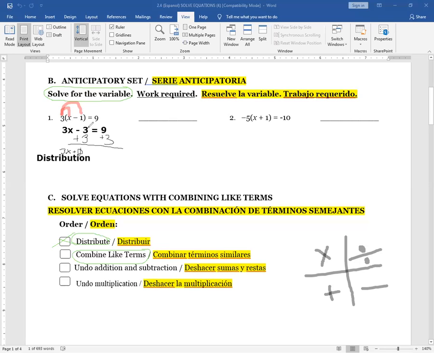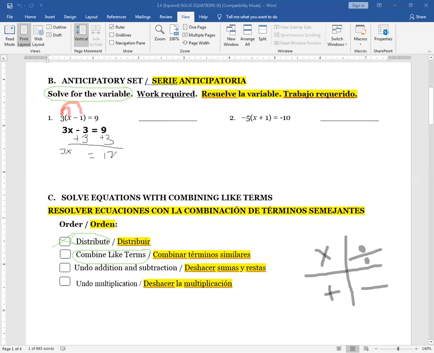It's plus 0 because negative 3 and plus 3 is 0. When you owe money and you pay it back, you don't owe it anymore. So now all we have is 3x. We don't need to have the 0 sign. And what's 9 plus 3? So we have 9, 10, 11, 12.